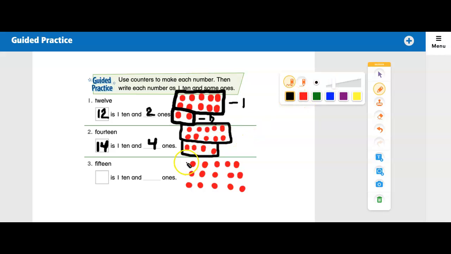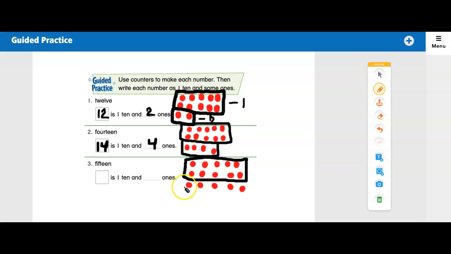This time when counting, I used 1 10 and then I had 5 left over. The number 15 is made of 1 10 and 5 ones. Something that all three of these numbers had in common is that we used 1 10 for each number. Something that was different was the number of ones that were used.